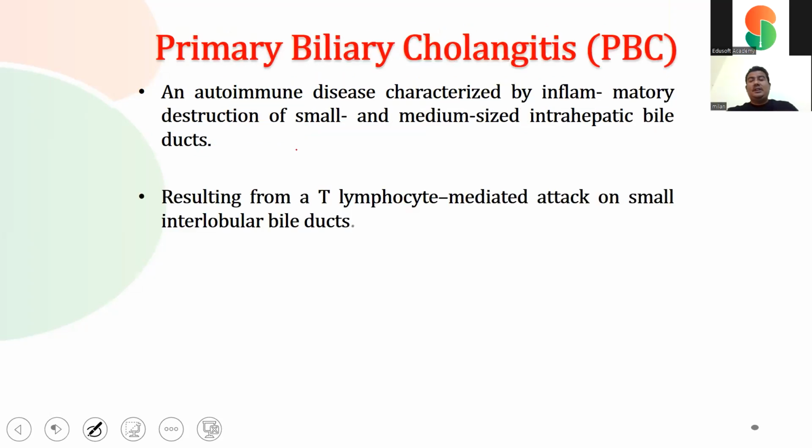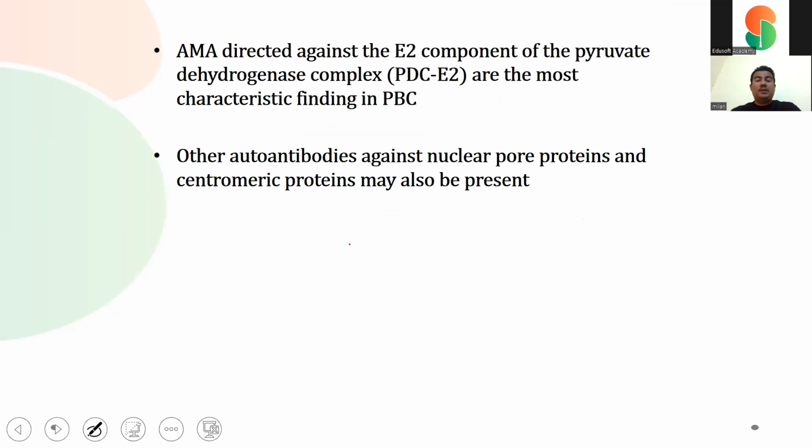When we talk of primary biliary cholangitis, it is an autoimmune disease characterized by the inflammatory destruction of small and medium-sized intrahepatic bile ducts. It results from a T-cell mediated attack on the small interlobular bile ducts. And the antimitochondrial antibody in primary biliary cholangitis is directed against the E2 component of the pyruvate dehydrogenase complex, which is the most characteristic finding in primary biliary cholangitis.